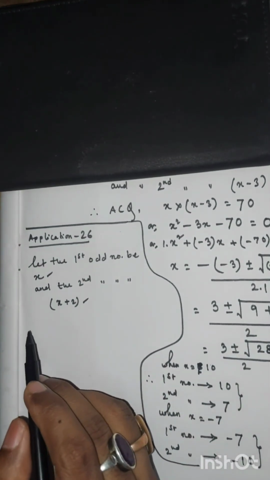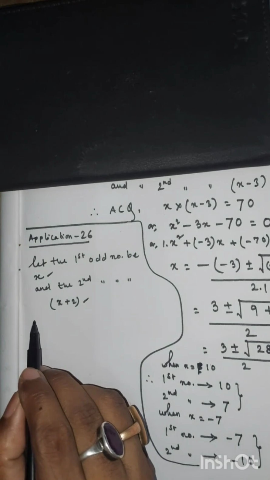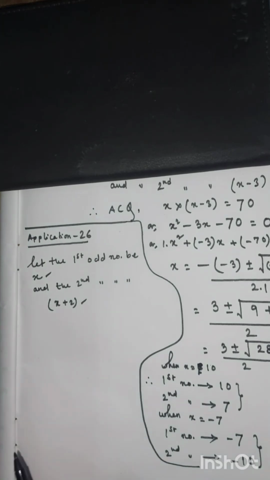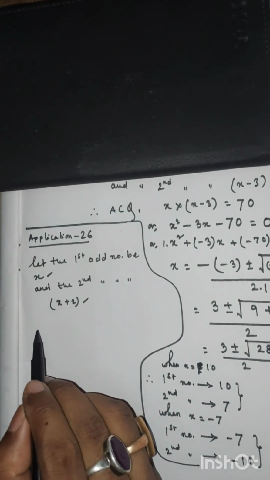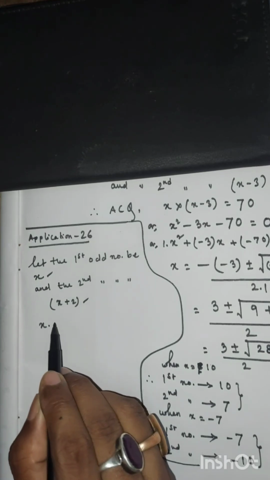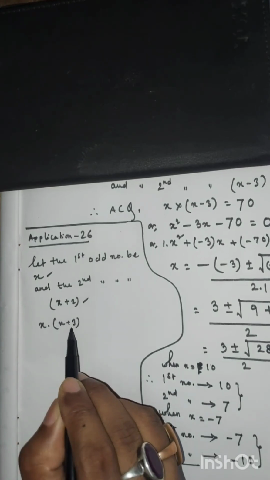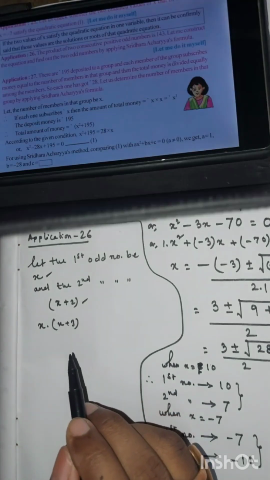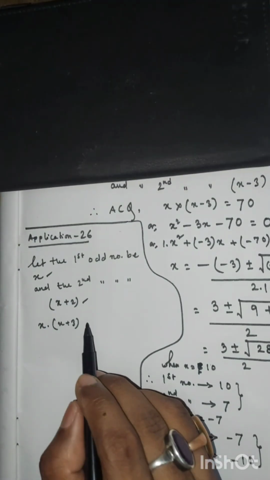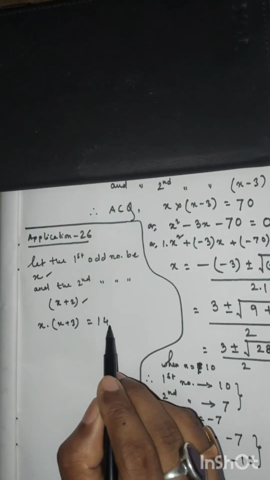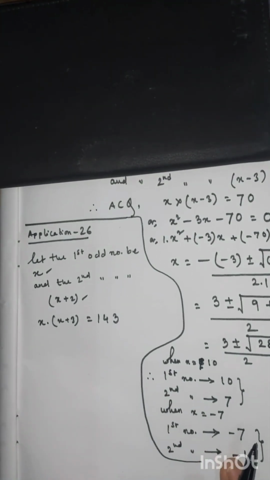So these are our consecutive odd numbers. Now the product of these two numbers is 143.